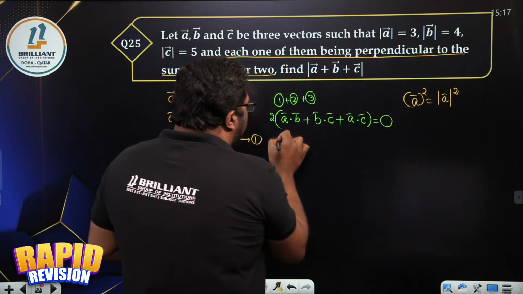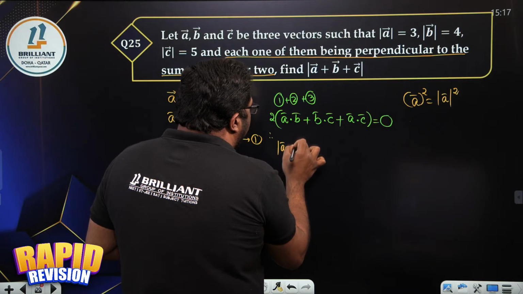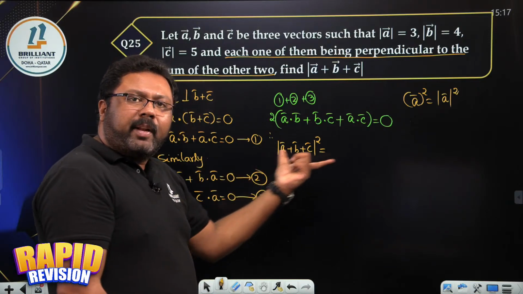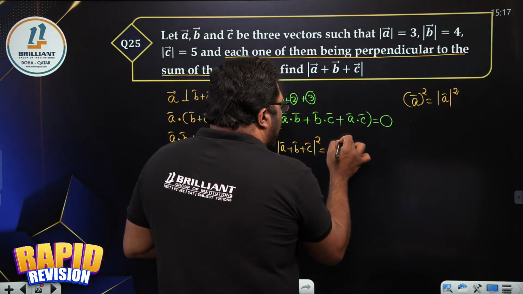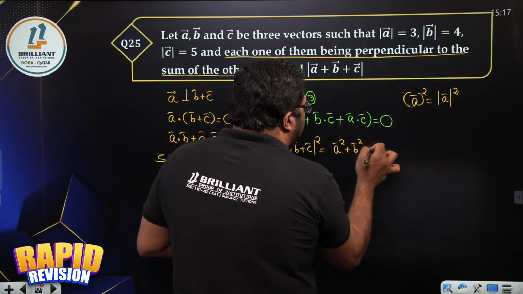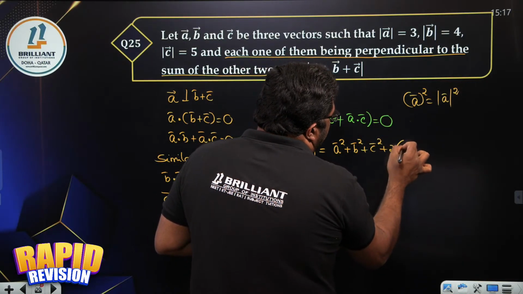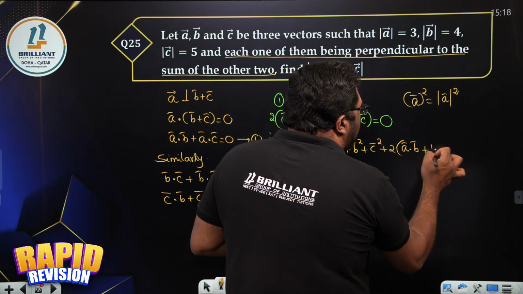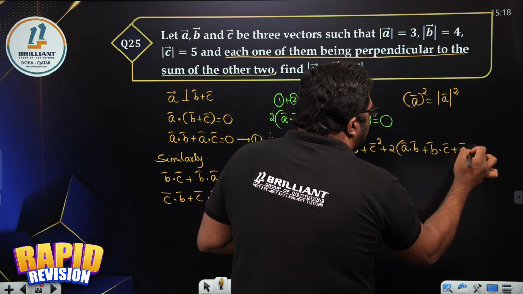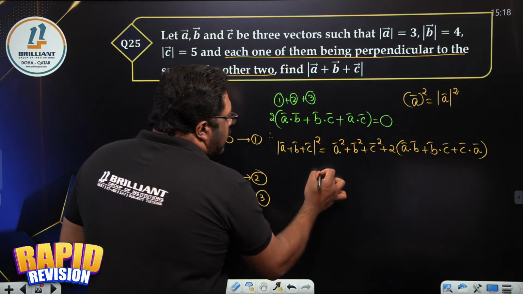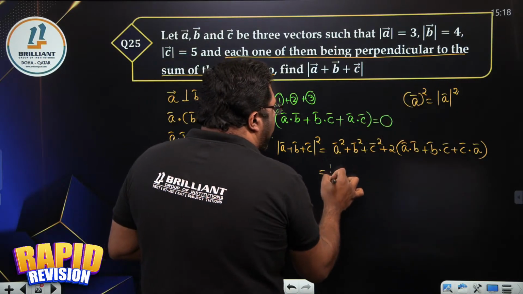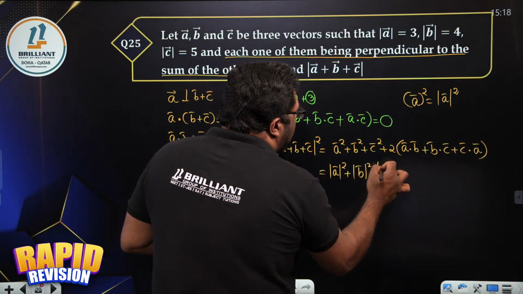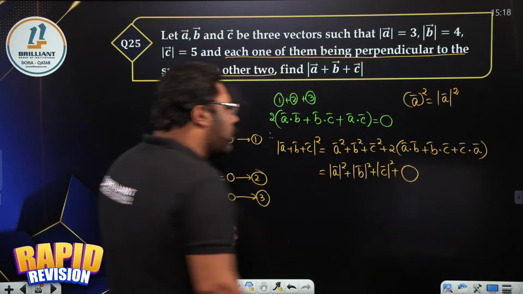So I have the magnitude of A plus B plus C. It's the same as squaring A plus B plus C. So it is A squared plus B squared plus C squared plus 2 times, because it is vectors, it is dot product, 2 times (A dot B, B dot C, C dot A). Just now I told you vector squared is magnitude squared: magnitude A squared, magnitude B squared, magnitude C squared plus 0.